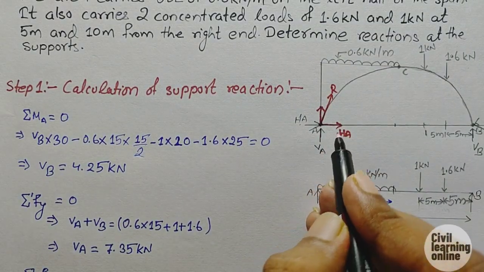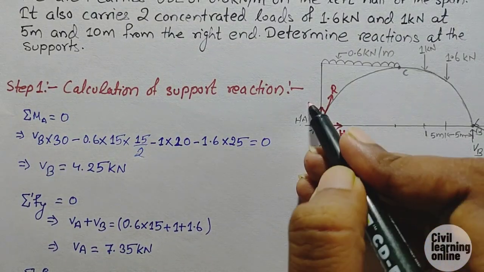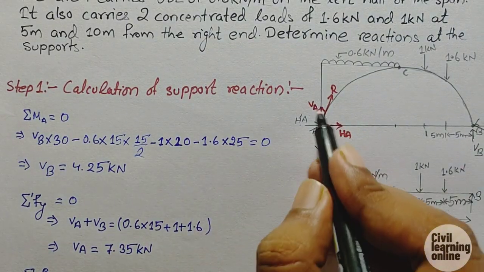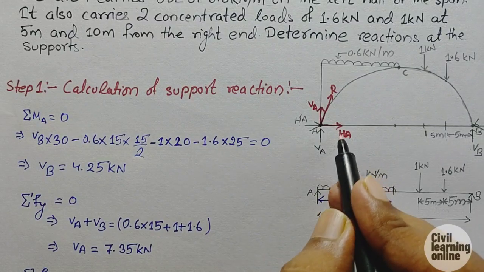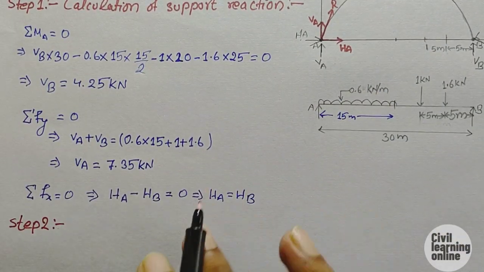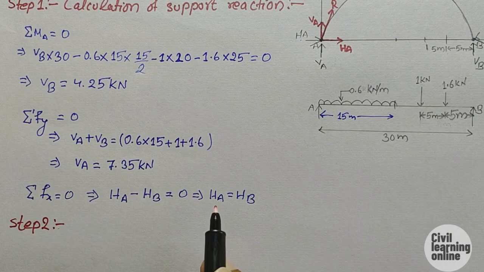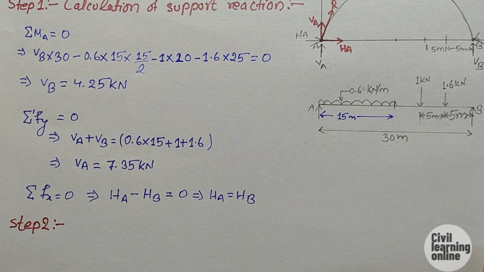It means we will need the value of both things, that is HA and VA. We have got the value of vertical forces, but we still need to calculate the value of HA and HB, and from this condition of static equilibrium we have come to know that HA is equal to HB. So in step 2 we will be finding the horizontal forces. So let's write it down.